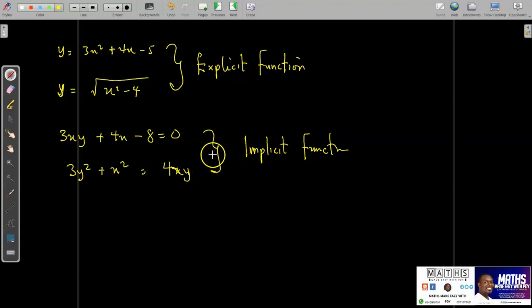Whenever you are differentiating an implicit function, please don't be tempted to make any variable the subject before you go ahead to differentiate. You rather make the work more complicated for yourself. So instead, maintain them as they are and then differentiate accordingly.